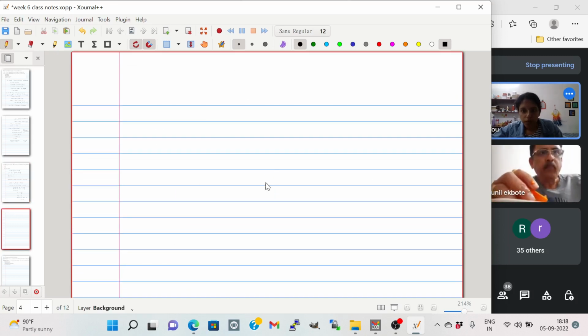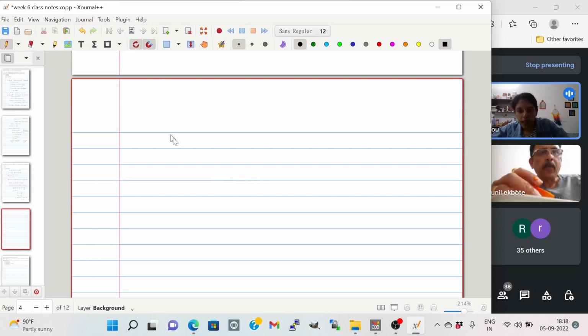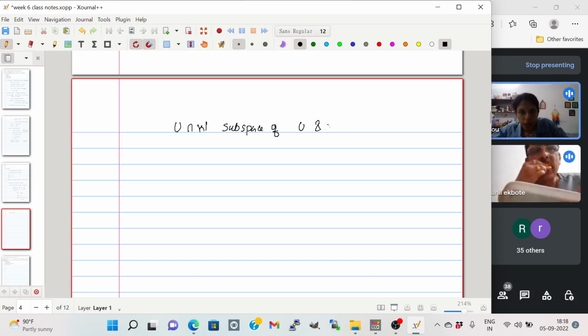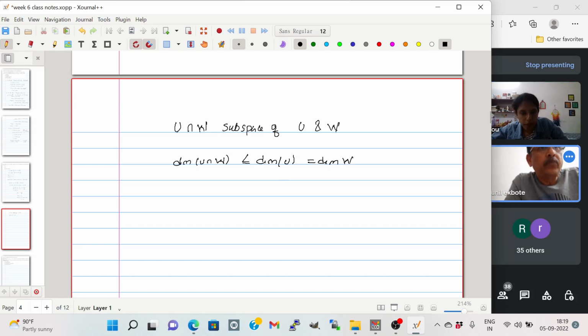Now I am considering U intersection W. Of course, U intersection W will be a subspace of U and W. So dimension of U intersection W will be less than or equal to dimension of U, which is the same as dimension of W. This is 2.